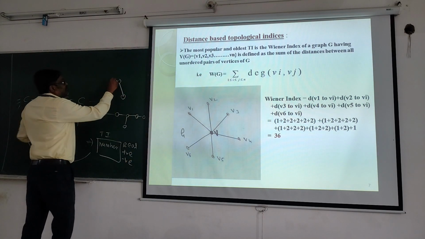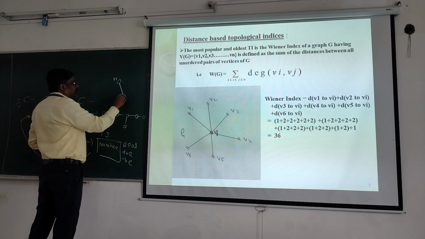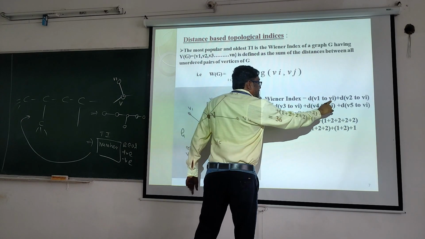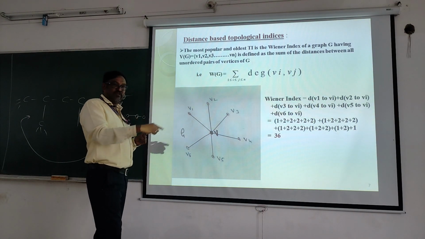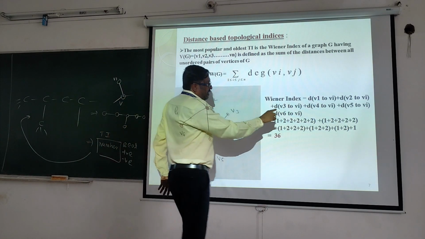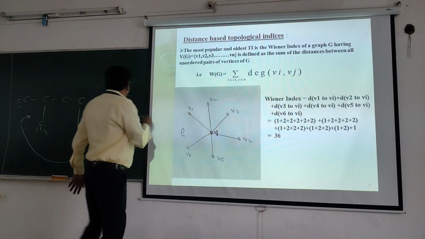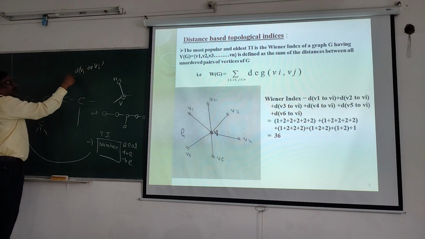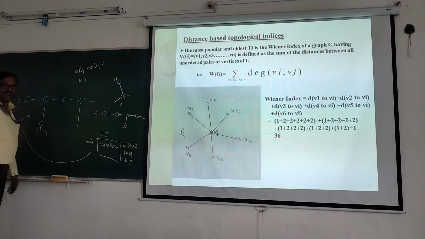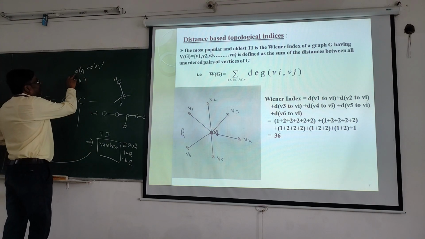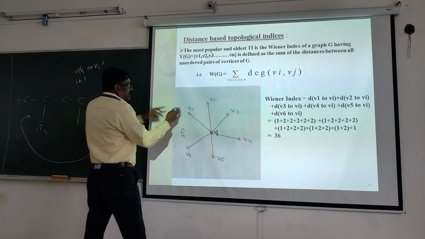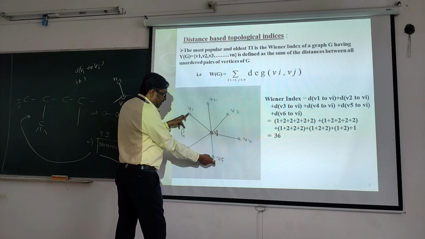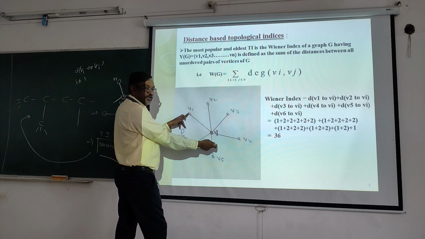Clearly, when we are finding here V1, here we have V. I have written here d(V1, Vi), and Vi means V1, V2, V3, V4, V5, V6 and V. When I am writing d(V1, Vi), I am writing i is not equal to 1, so I can write down d(V1, V2), d(V1, V3), d(V1, V4), d(V1, V5), d(V1, V6), and d(V1, V).